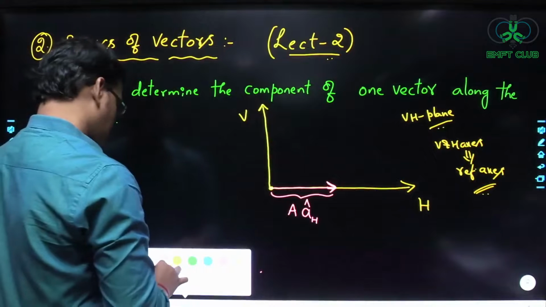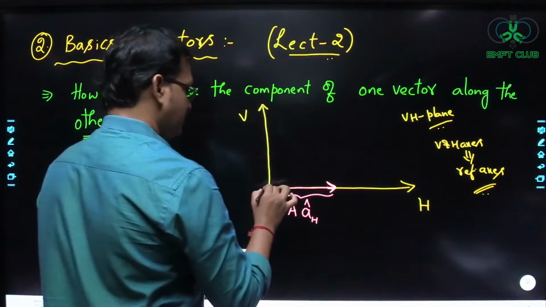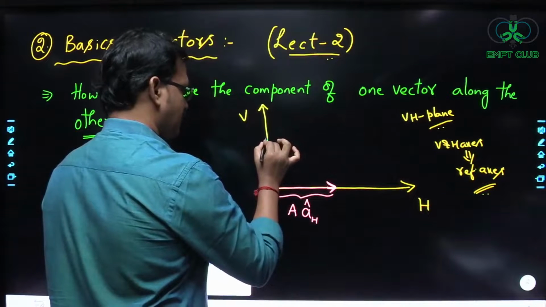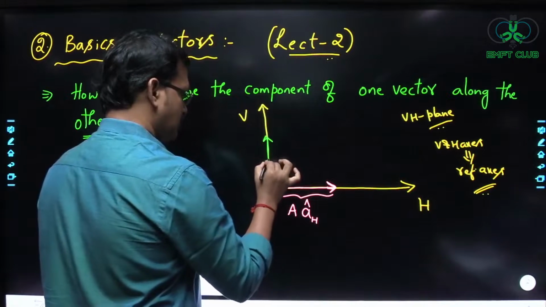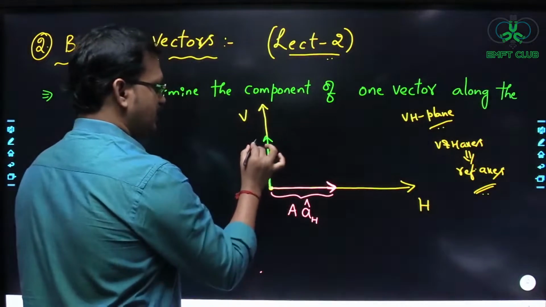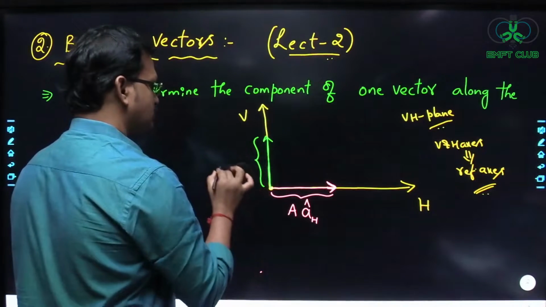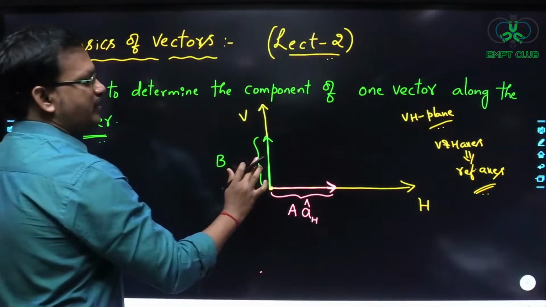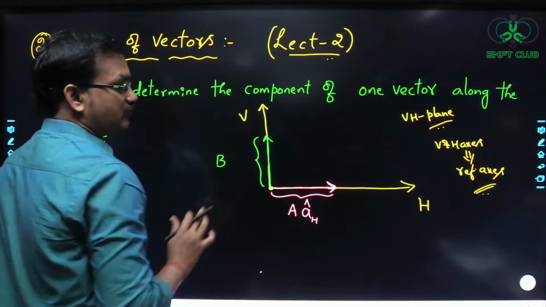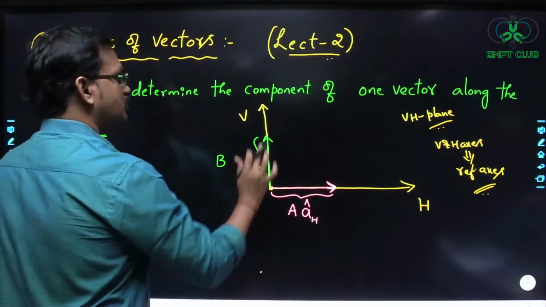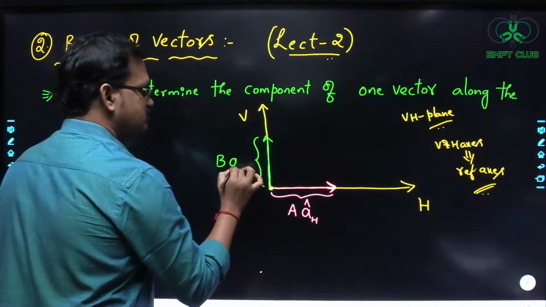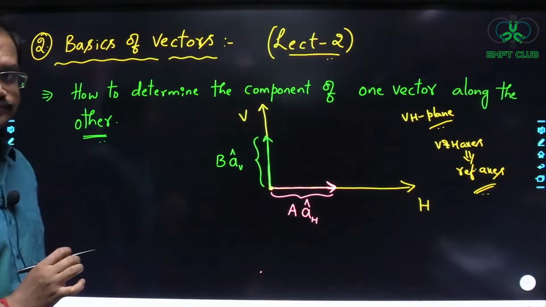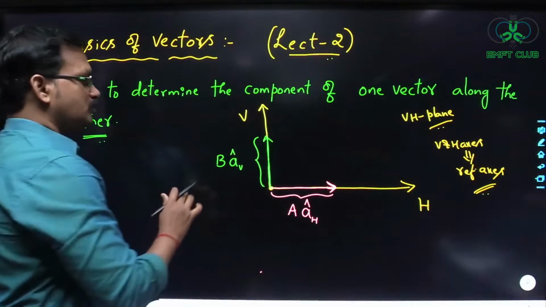Now similarly, if I consider a vector along the vertical axis, let us say the distance from here to here is B units, and this vector is pointing in the vertical direction. So what is the unit vector along the vertical direction? That is a_V cap.